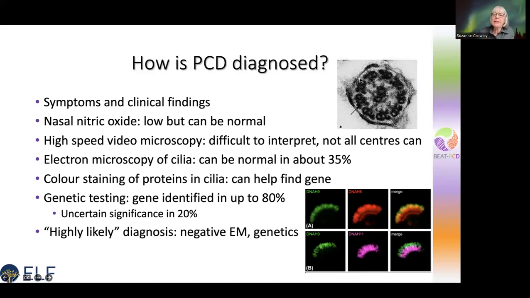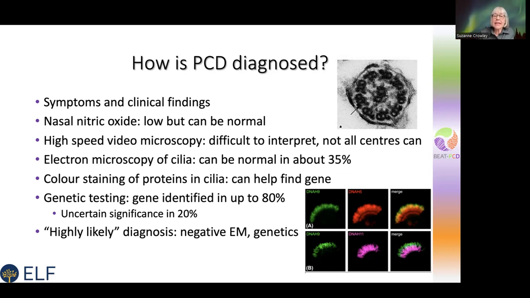And this is like the diagram I just showed you in the previous slide, and you might be able to make out some inner arms here and some outer arms here. But this can be normal in about 35% of people with PCD, particularly, for example, with a gene called DNAH11.